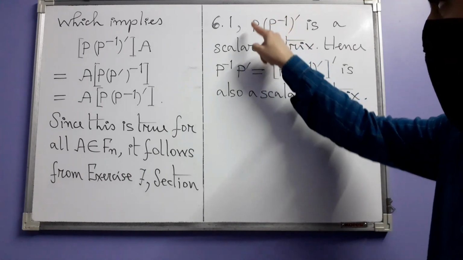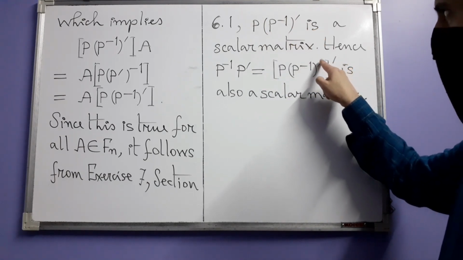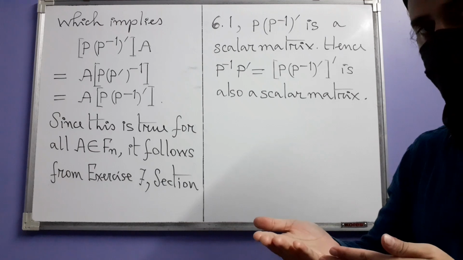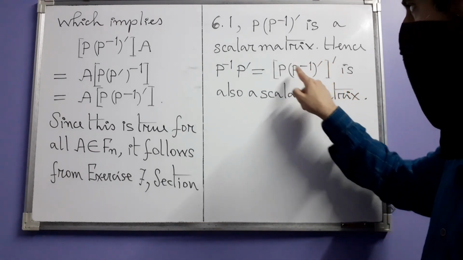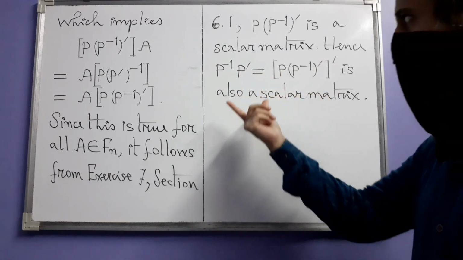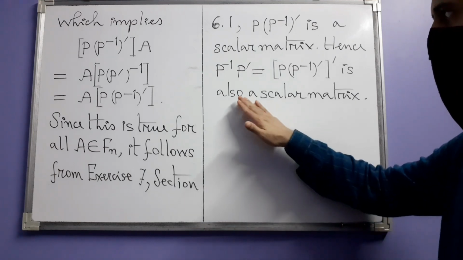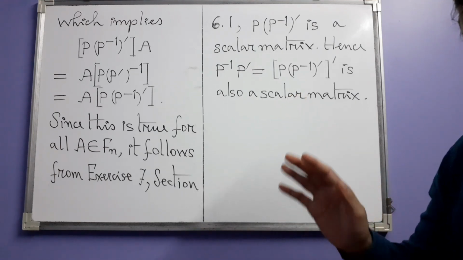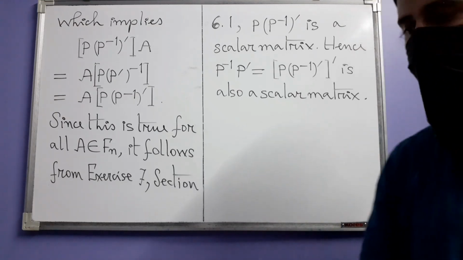But what is the transpose of this? To calculate that, first you take the transpose of this, because the order will change, right? First you take the transpose of this, which is just P inverse, and then you take the transpose of P. And this is what you had to show, that it's a scalar matrix. So this is the second half of this entire claim, and that completes this solution.